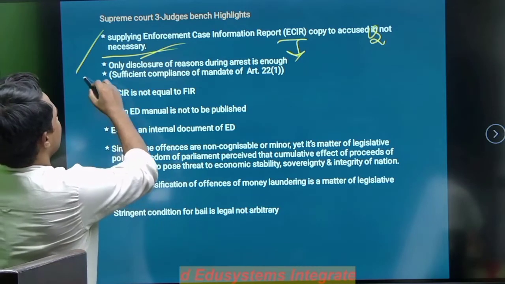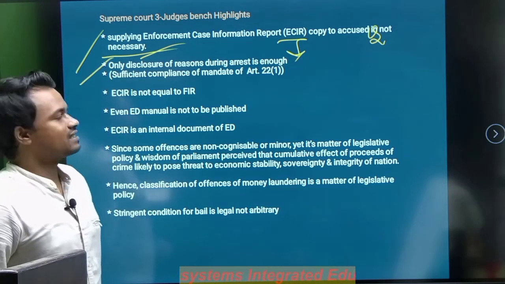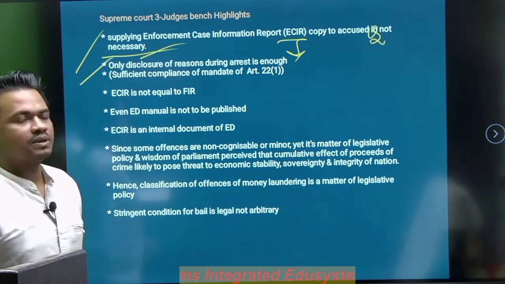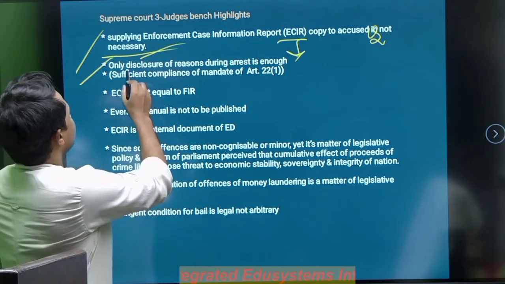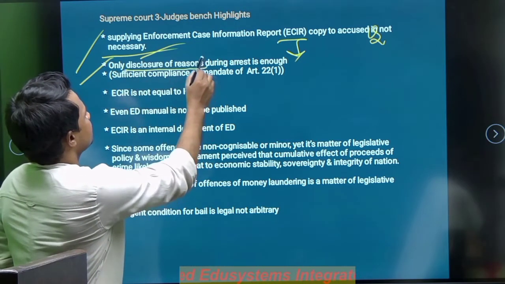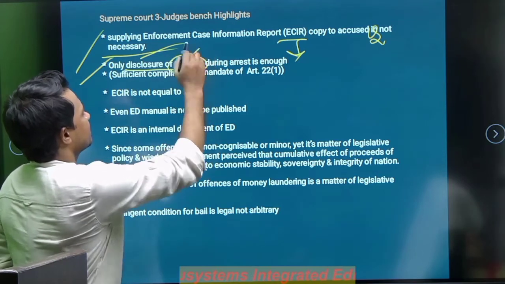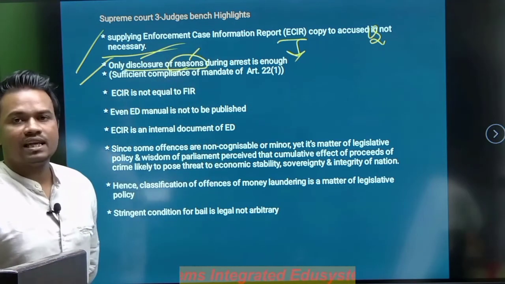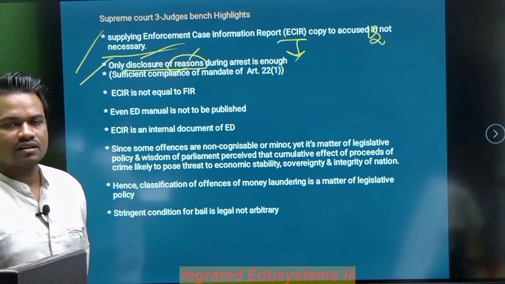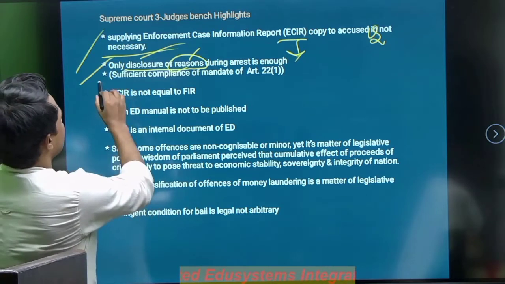And the next is that only disclosure of reasons during arrest is not enough, and the Supreme Court said that only disclosure of reasons means just communicating the reason is more than enough while making an arrest.